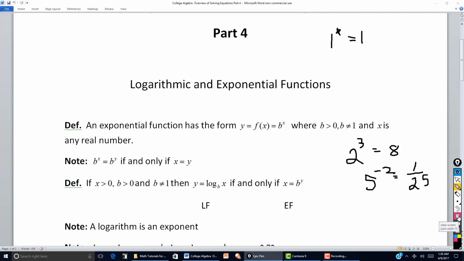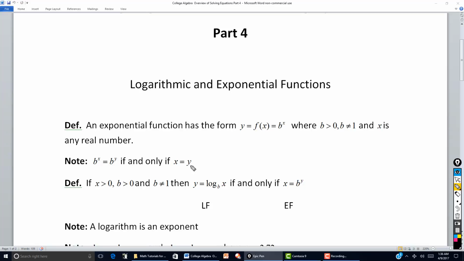One property of exponentials that I want to make sure you know, because we'll use this in the equations that we're going to look at: if b is a base, again with the conditions that it has to be positive and not equal to 1, and b to the x is equal to b to the y, it has to be true that x is equal to y.